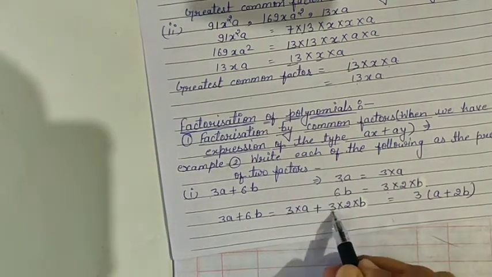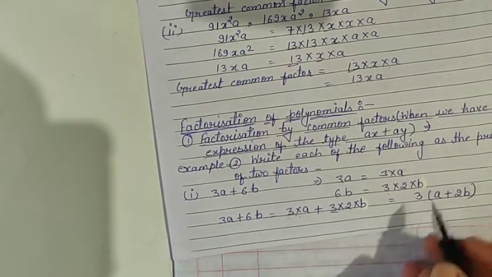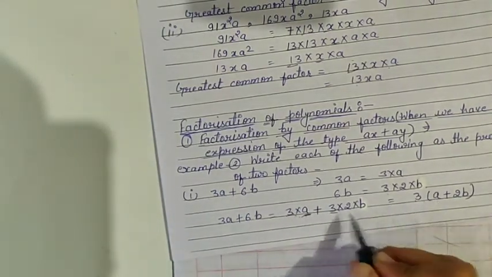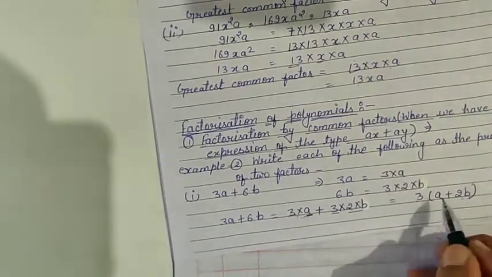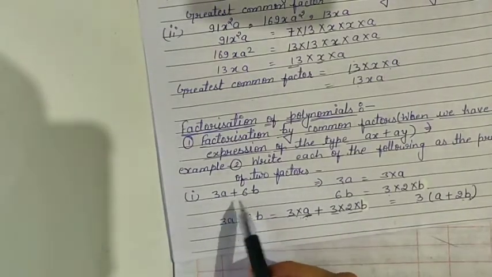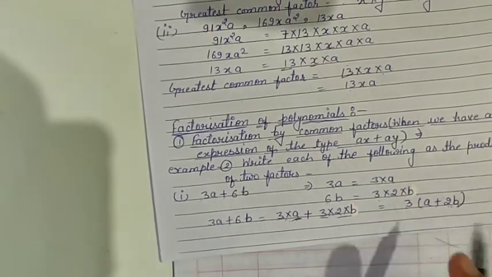So 3 is common in these two terms, so we will take 3 as common. Remaining part is a plus 2b. So 3a plus 6b is equal to 3 into a plus 2b.